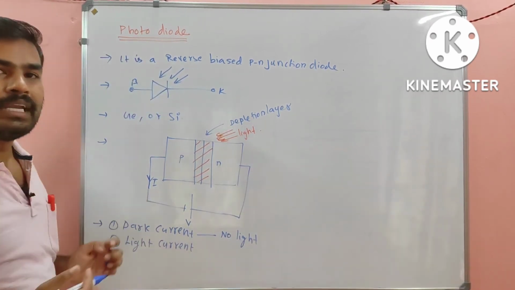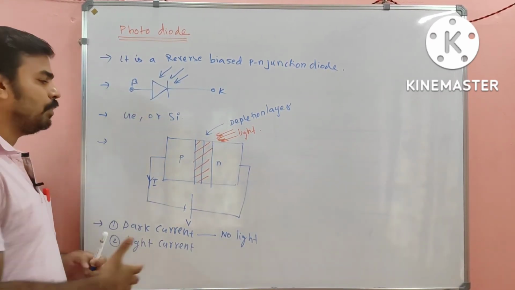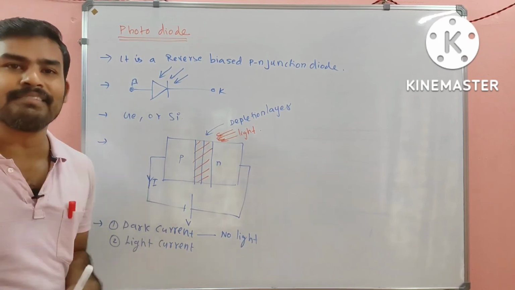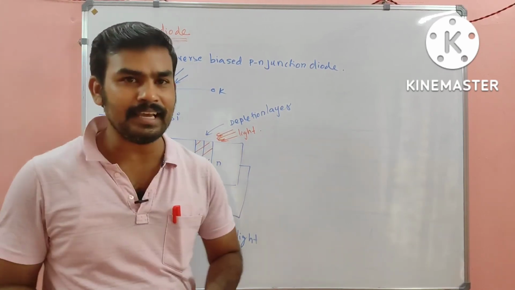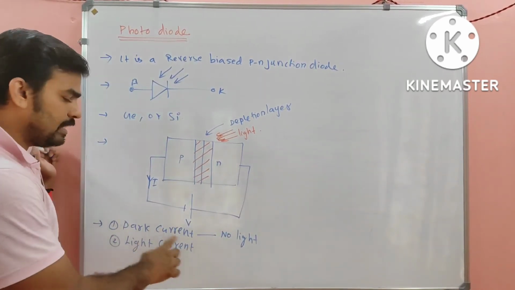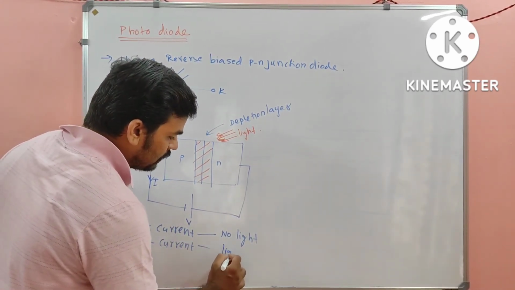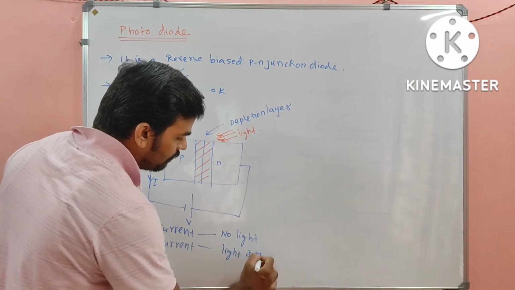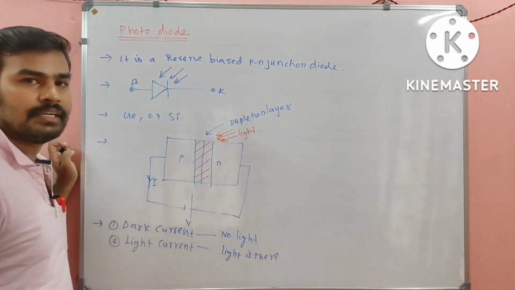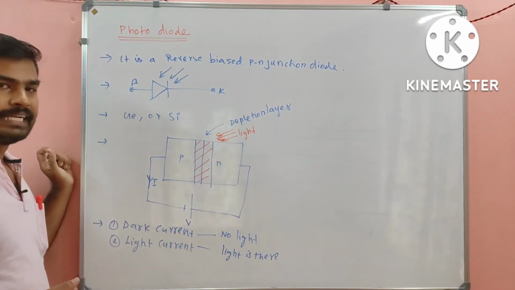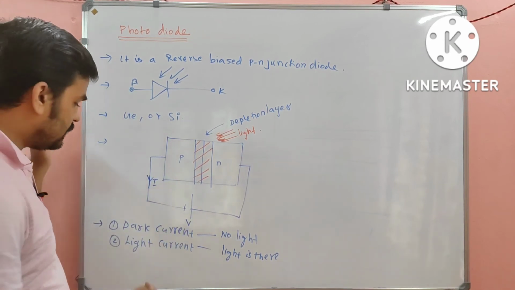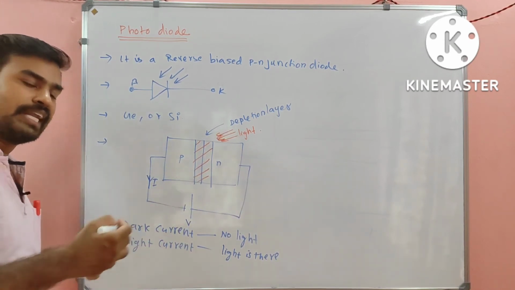That means a small leakage current will always be flowing whenever a PN junction diode is in reverse biased condition, due to minority carriers. That is called the dark current. Light current is the current when there is light on the PN junction diode. The total current is always the sum of the dark current plus the light current.